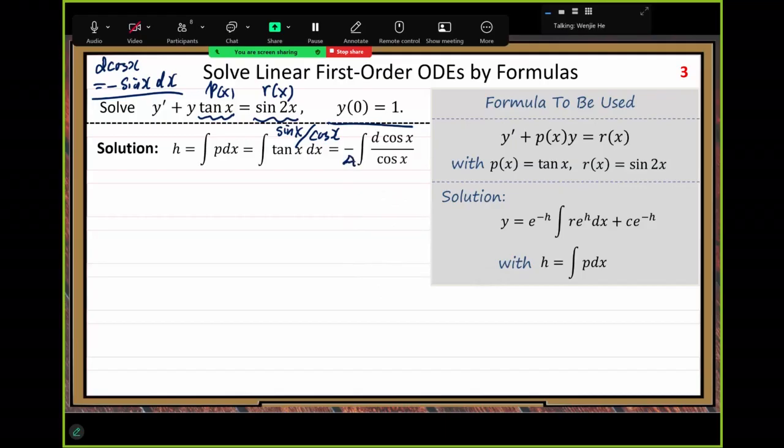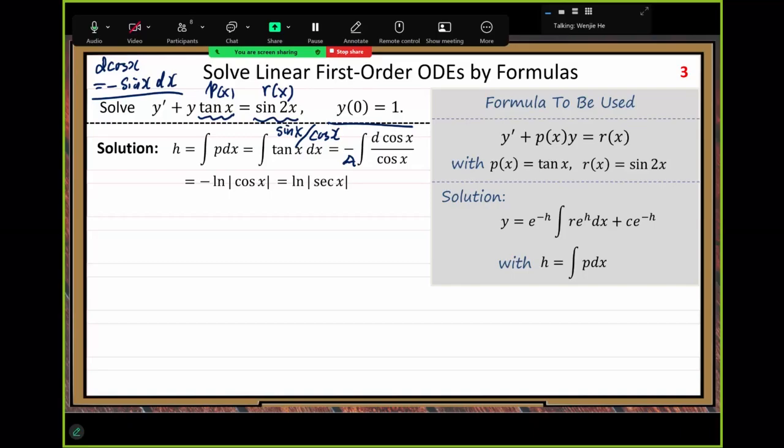So d cosine of X over cosine of X. Then we can write H as a negative natural log of absolute value of cosine X. So here we have absolute value.